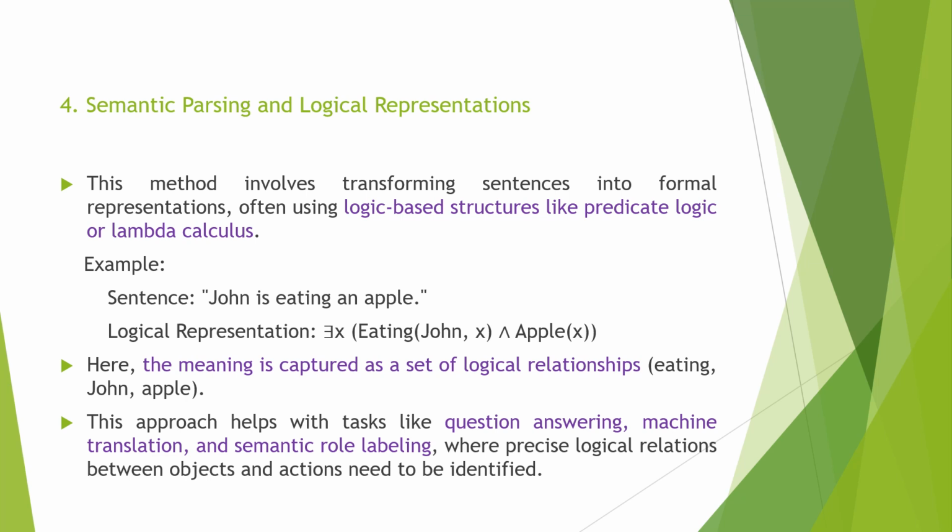The logical relationship is expressed by the word eating between the objects John and apple. So this helps the question answering system, machine translation system, or semantic analyzer to understand the meaning behind words and relationship between objects and actions to be performed.